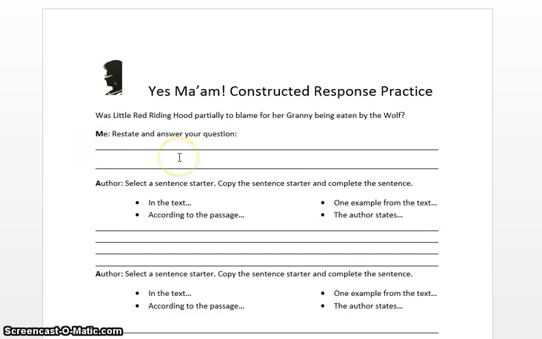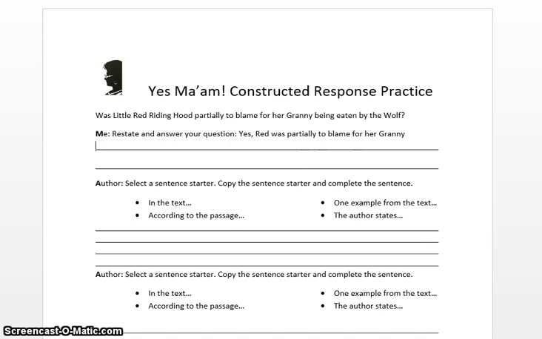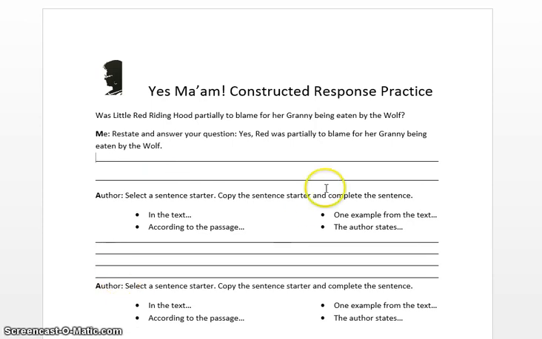Well, I'm going to start by restating and answering my question. I'm going to put, yes, Red was partially to blame for her granny being eaten by the wolf.